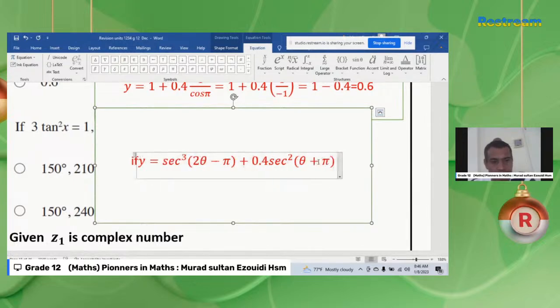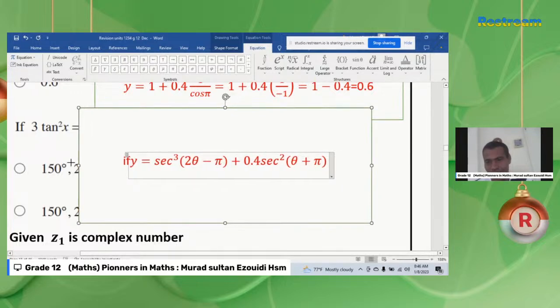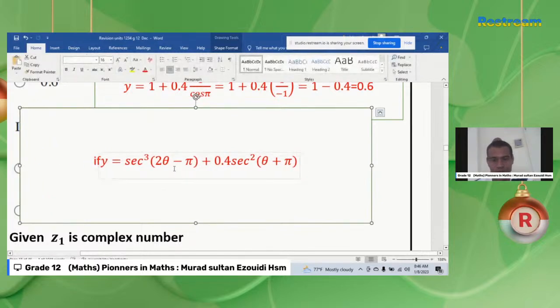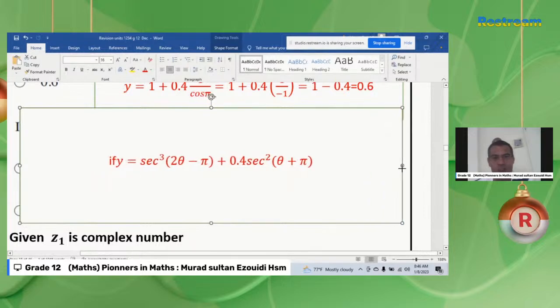The question is: find the value of the function y that is written in terms of sec to the power 3 of 2 times theta minus pi, plus 0.4 cosec squared of theta plus pi.